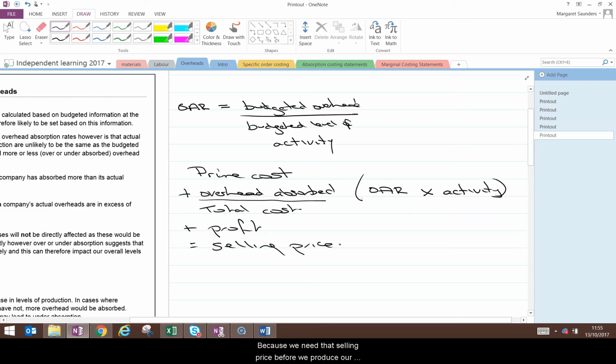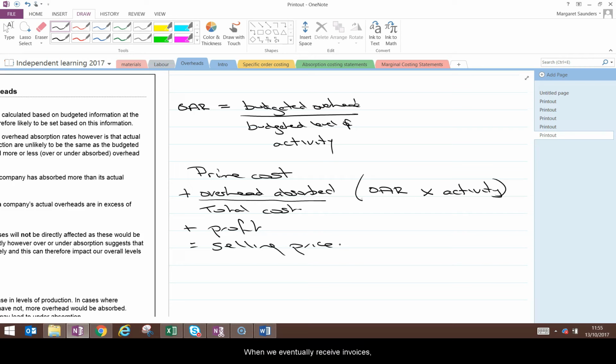Because we need that selling price before we produce our products, because we need to be able to quote our customers, that was why we use an overhead absorption rate based on budgeted figures. But what this does mean is that the overhead absorbed may not be accurate. So the figure that we have added to our prime cost to cover the overheads may be lower or higher than our actual overheads.